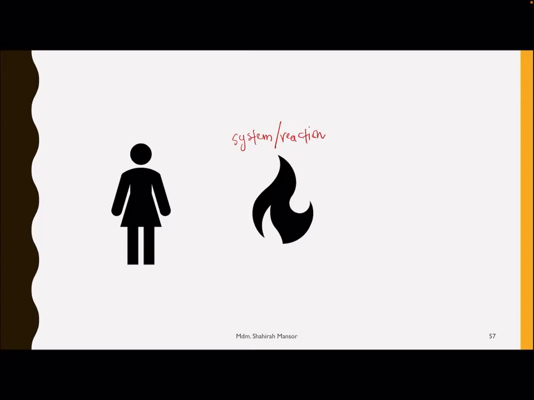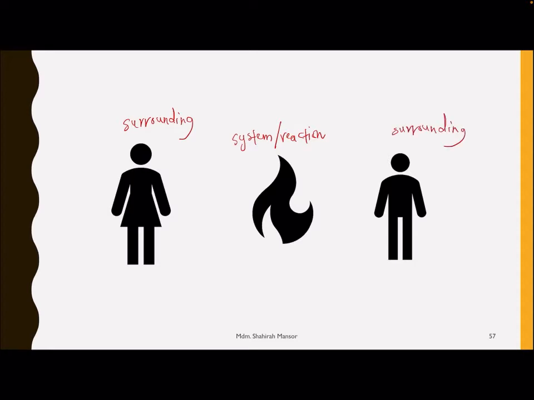But we do have another term in thermochemistry, that is the surrounding. Let's say we have the human as the surrounding. When the human approaches the combustion site, the human can feel the warmth, and can tell whether the combustion site is very hot or just warm. What I'm trying to say here is that in order to find the enthalpy of reaction, in this case the combustion reaction, we cannot directly calculate from the information we have from the reaction itself.